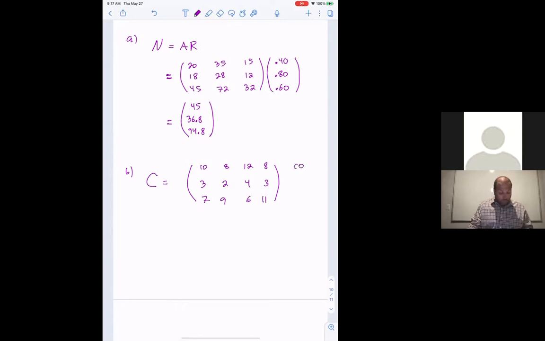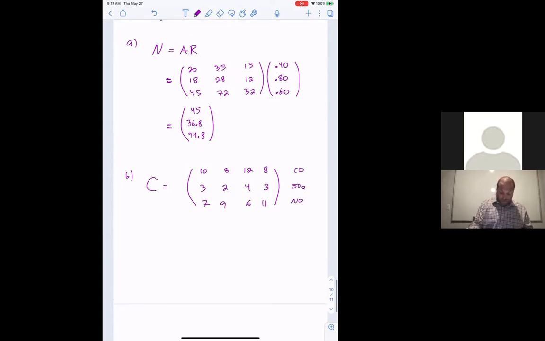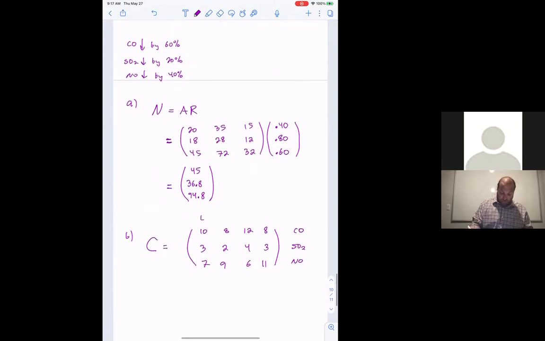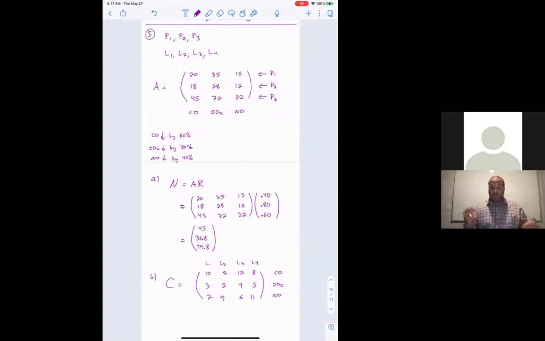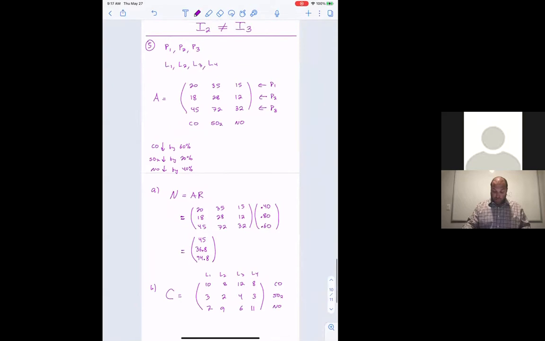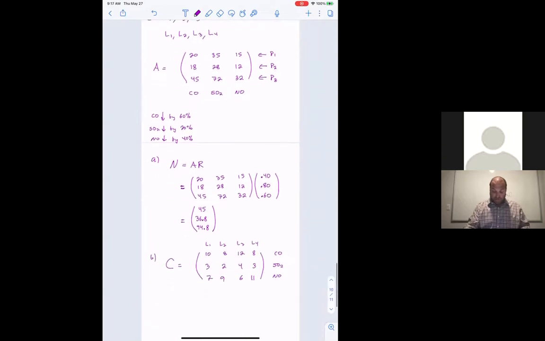This is the carbon monoxide row, the sulfur dioxide row, the nitric oxide row, and because there's 4 columns, they must correspond to the 4 locations. Notice how, again, like the previous problem with adults, children, the males and females, we had one matrix have the carbon monoxide, sulfur dioxide, and nitric oxide as columns, and the other one as rows, so that matrix multiplication could give us something sensible.